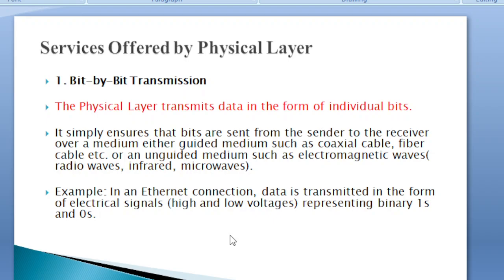Instead, it simply ensures that bits are sent from sender to receiver over a medium, either guided media such as coaxial cable or fiber cable, or unguided media such as electromagnetic waves, radio waves, infrared waves, microwaves, like that. We are simply sending the data. That is one main function of the physical layer.